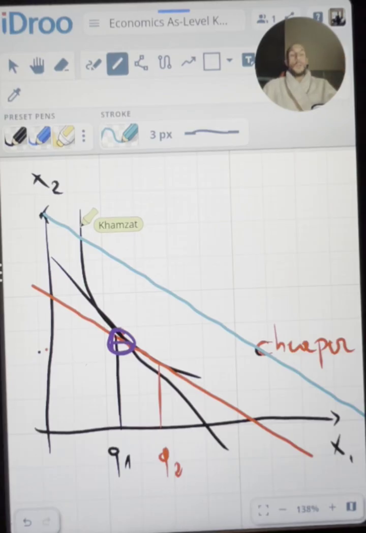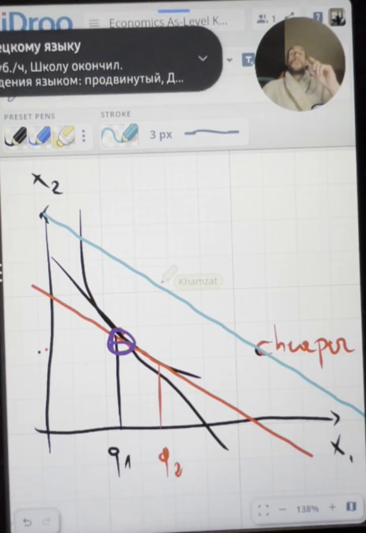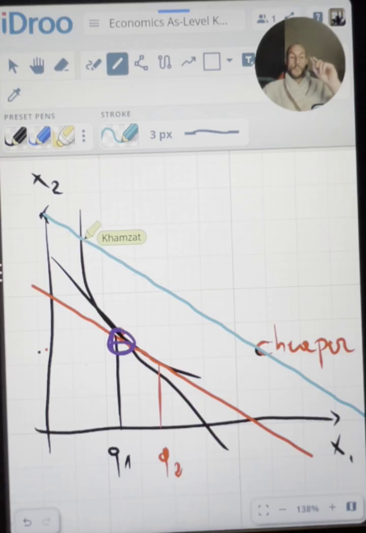Not really, because it is inferior. I think I know what to do. We would have to move this line down. Not really. So it's not here, right? No, it's not. That's for the next one.